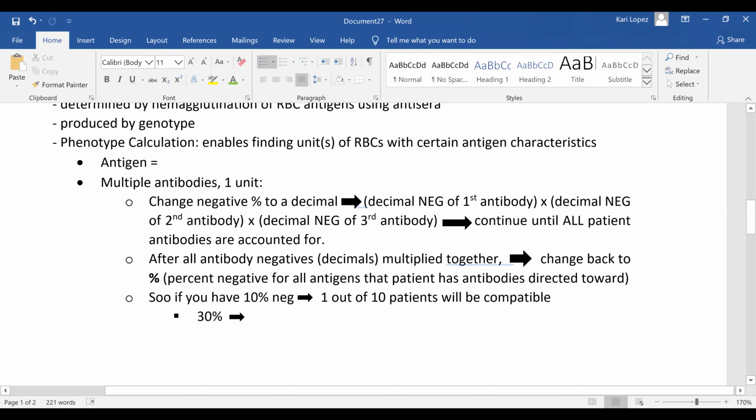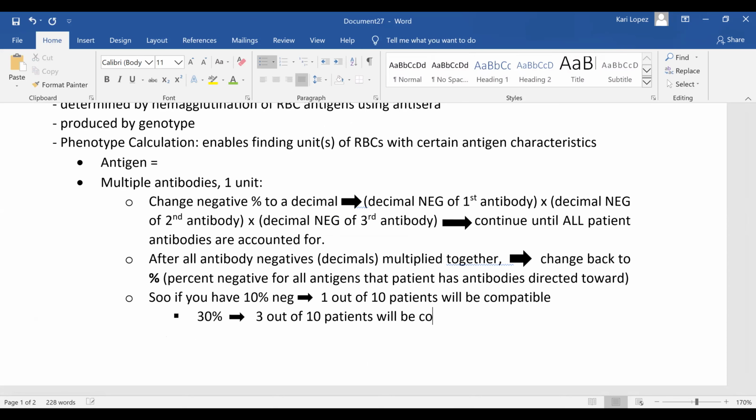So if you have 30%, 3 out of 10 patients will be compatible.